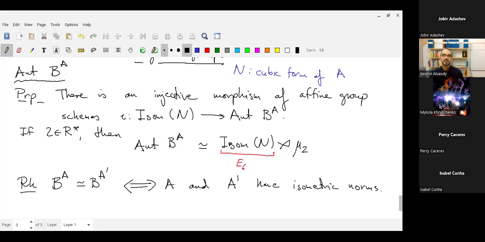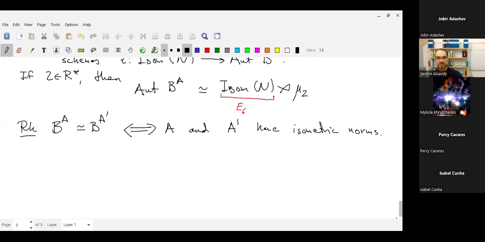The problem is that this group is not connected because of the semi-direct product, but this remark tells us that we can forget about the Brown algebra itself and just look at the isometry group of the cubic form of the associated Albert algebra. So this brings groups of type E6 into the business.